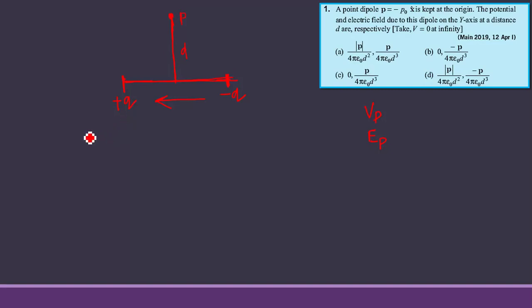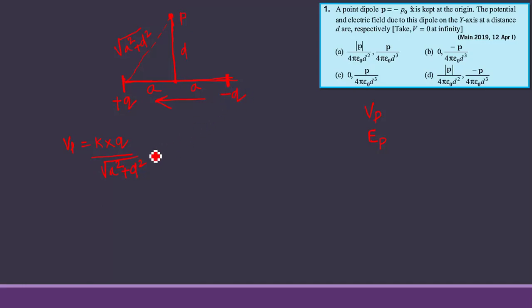See, the potential at point P will be k into, due to this charge q, the sign is positive, divided by the distance. What will be the distance? This distance is d, and from the origin to plus q consider the distance a. This is also a from the origin to the other charge, so the distance is root over a square plus d square.